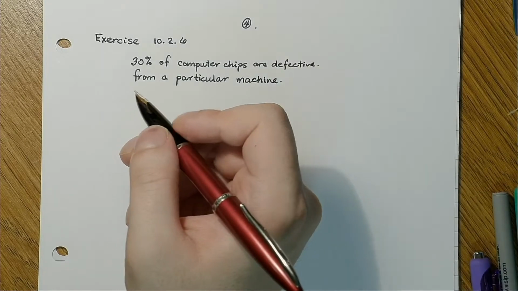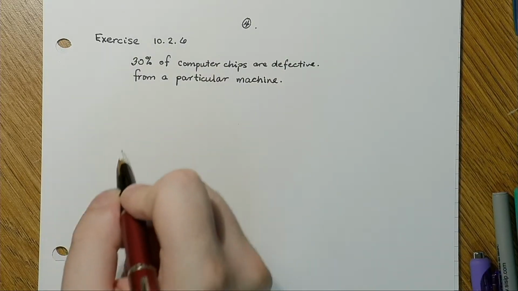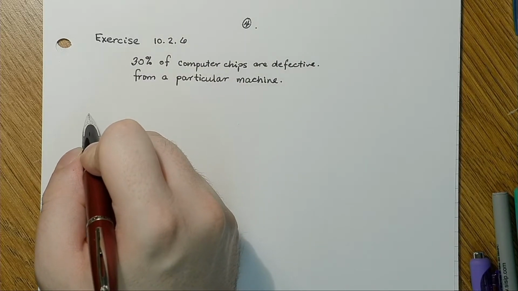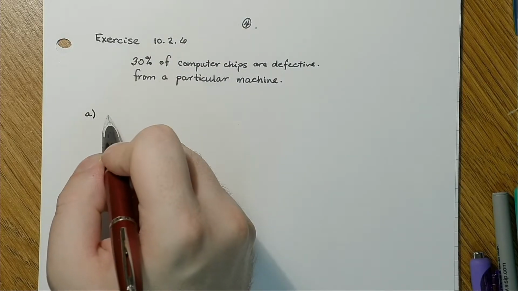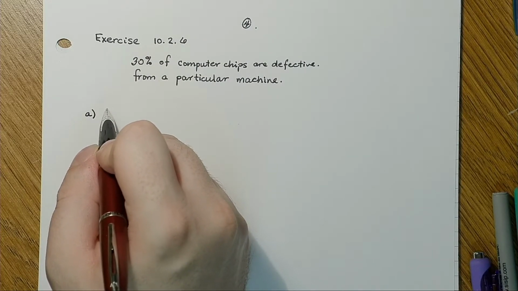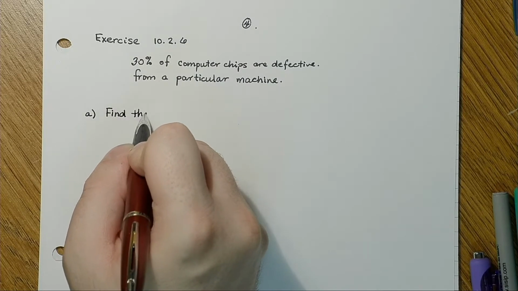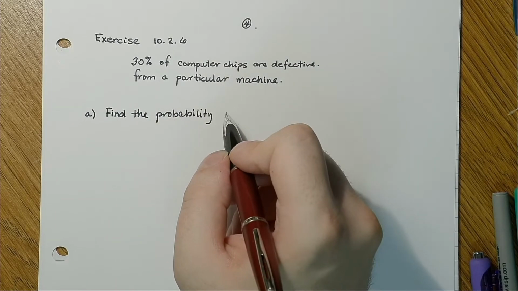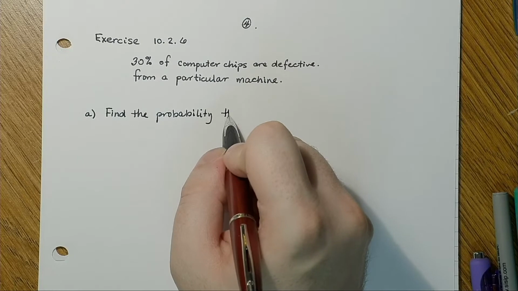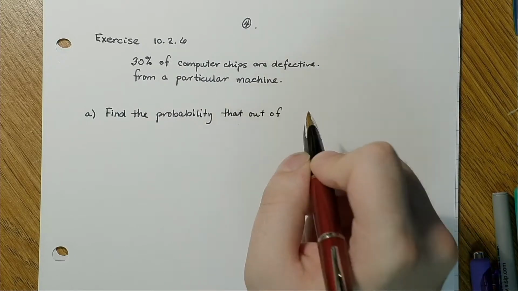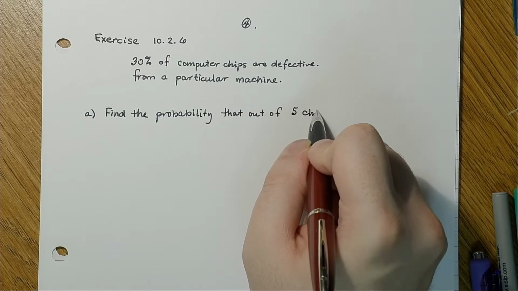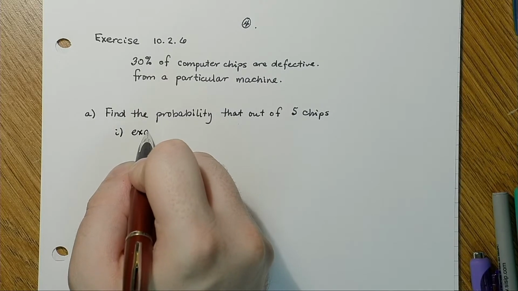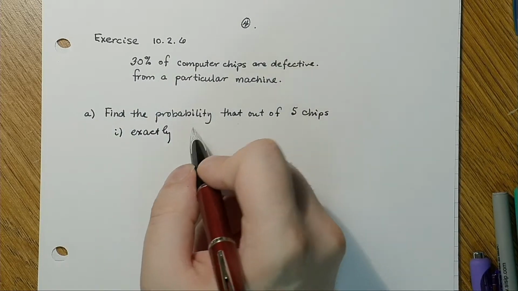Okay. Let's go with A. Find the probability that out of 5 chips, exactly 3 are defective.